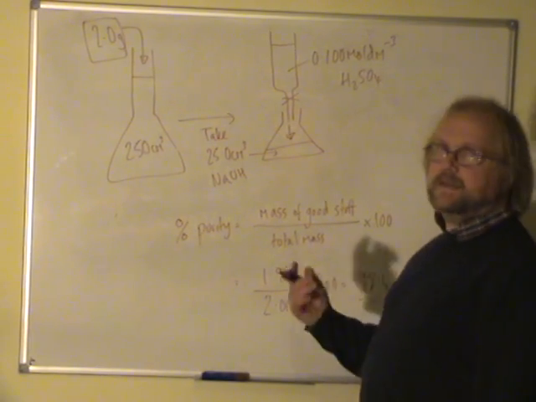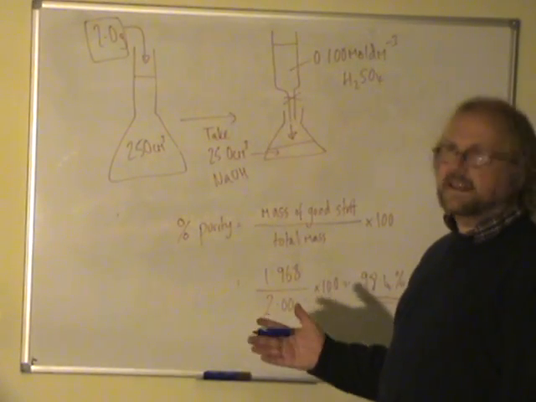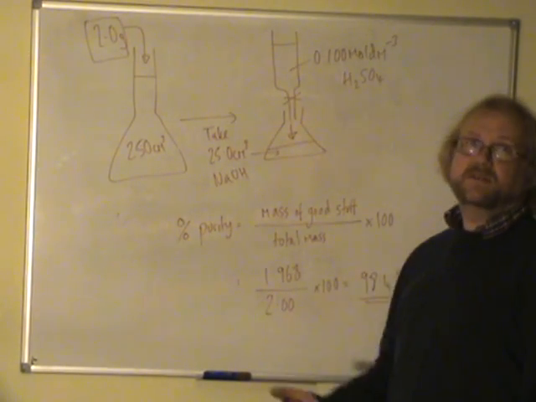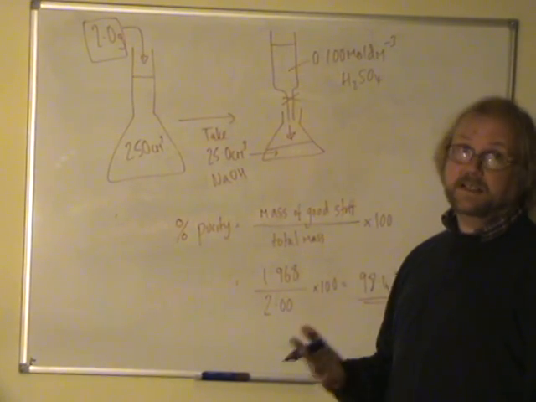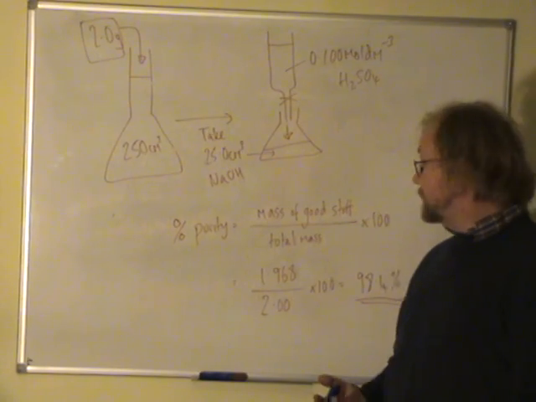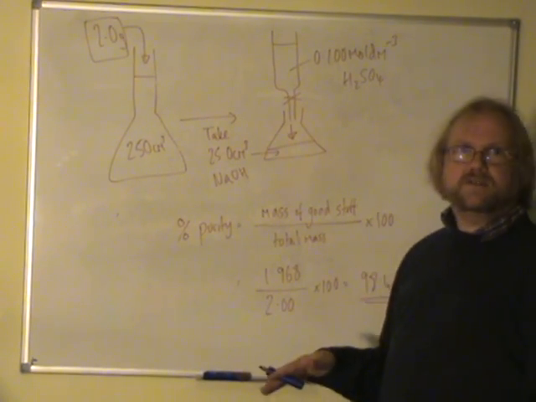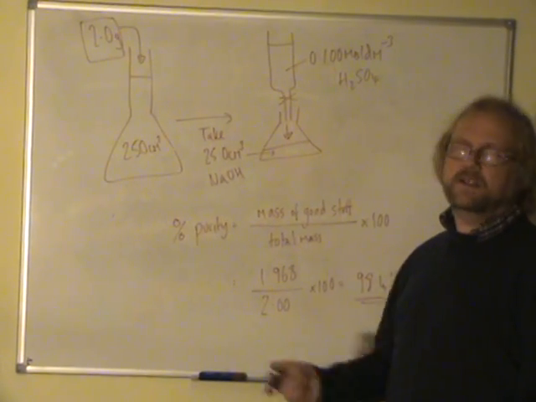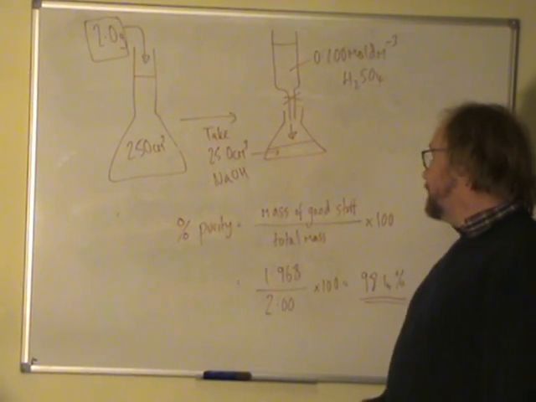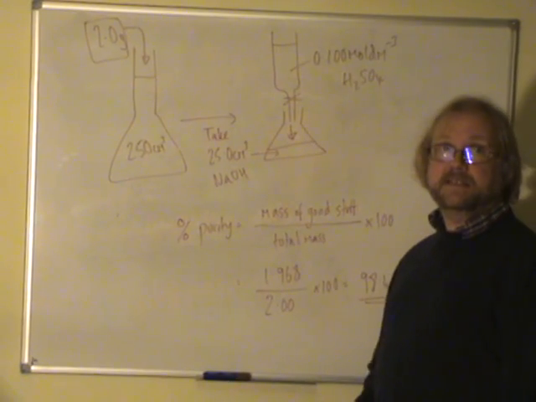Okay, so it's worth making sure you understand percentage purity, because it comes up in this kind of question, and also in relation to ores and things, which are quite popular in exam questions. And obviously you can do a bit of quality control there. If it comes out at 117%, you know you've done something wrong. But there we are, that's the end of the question.